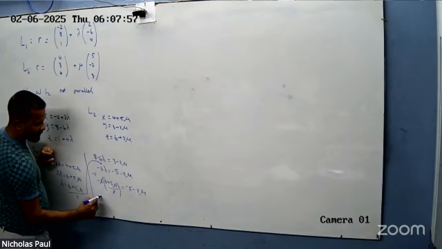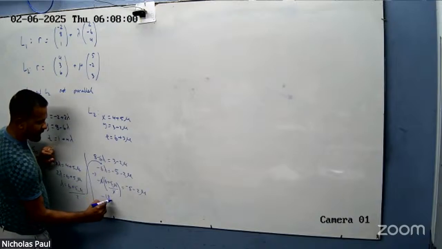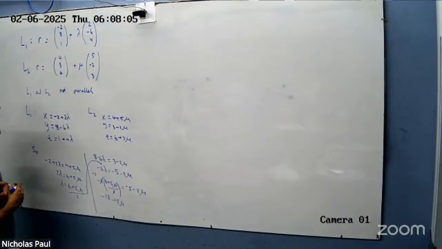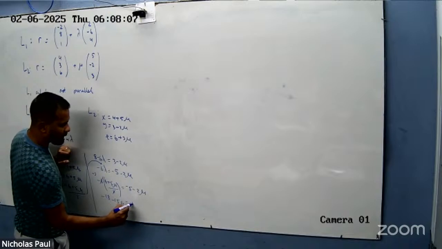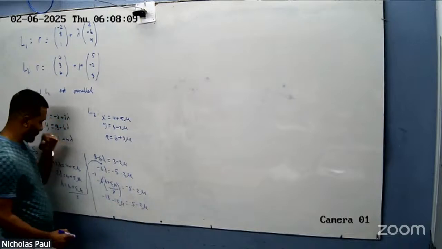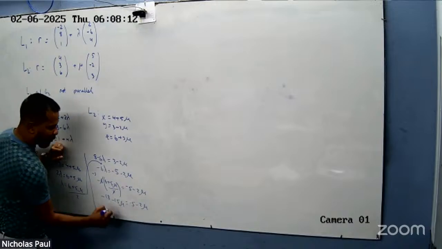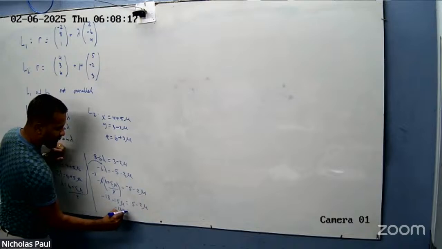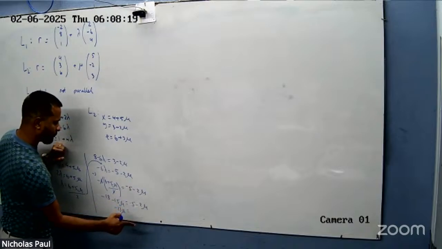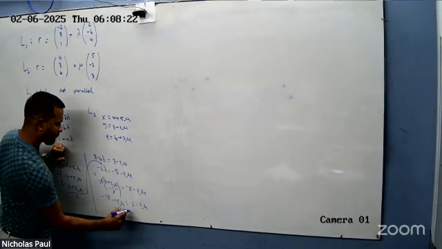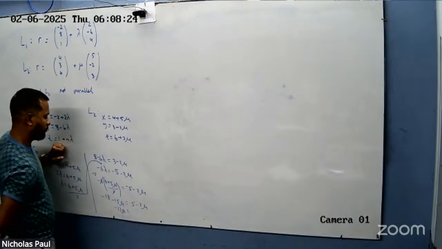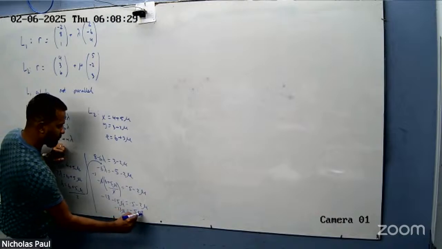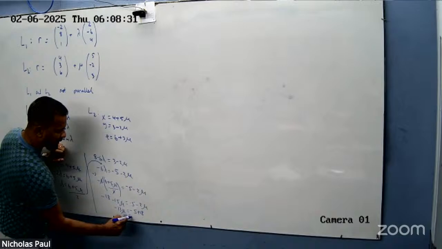This is minus 3 times 6 plus 5 mu, so minus 18 minus 15 mu is equal to minus 5 minus 2 mu. Bring everything on one side, you'll get minus 13 mu is equal to 13, so mu is minus 1.